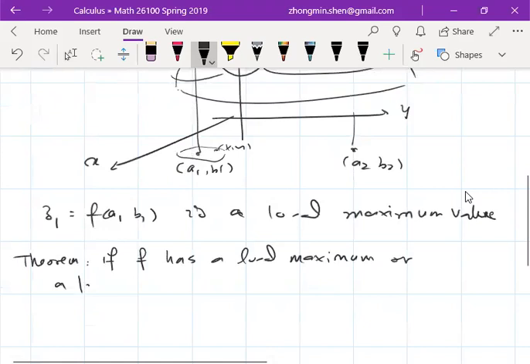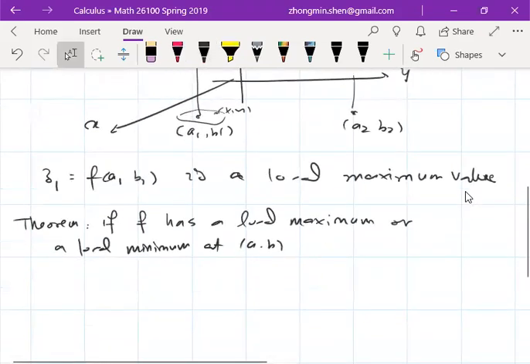or a local minimum at some point (a,b). Now, if the function is not differentiable, then you cannot say anything, right? And it is differentiable, and the first order derivatives exist. Okay, so we just say it's differentiable at that point.